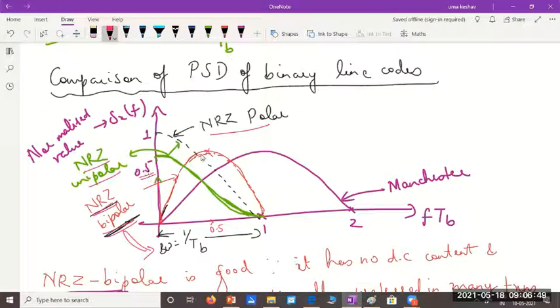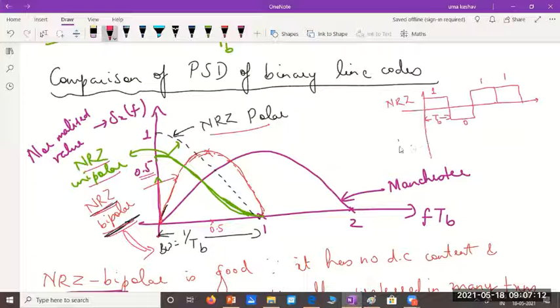That's all. Between RZ and NRZ, you should remember what's the major difference. In NRZ, the pulse exists for the complete bit duration. If the bit duration is TB, the pulse will be present for the complete bit duration, whatever pulse we have.